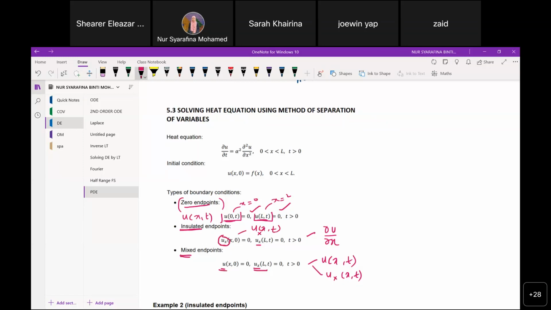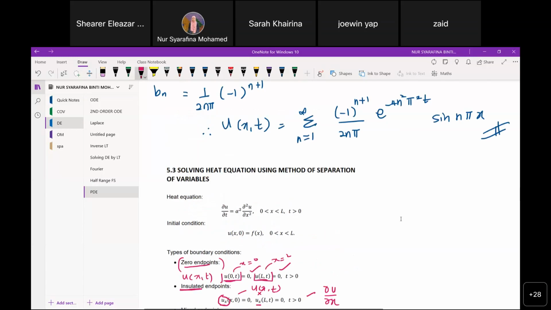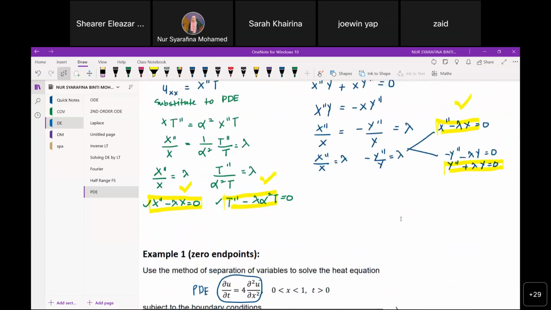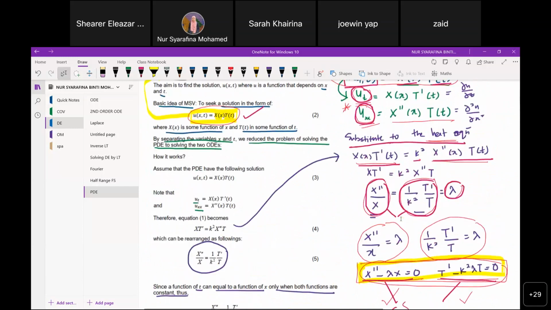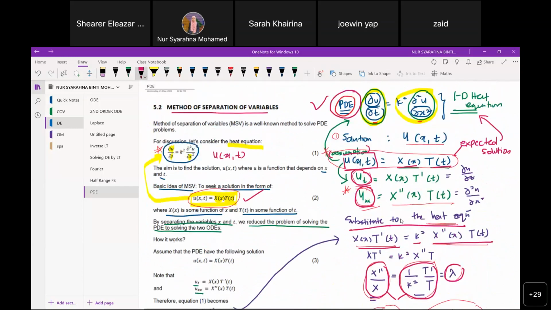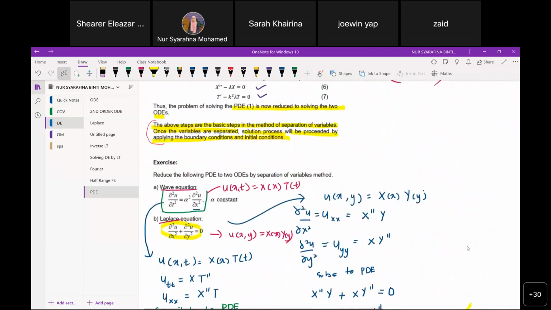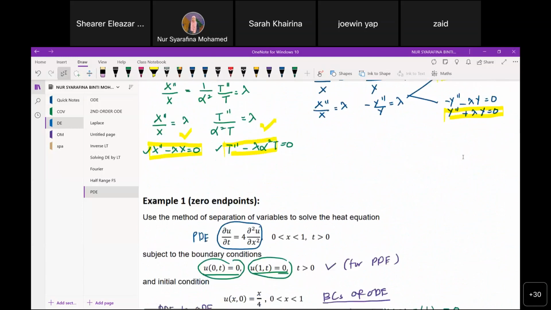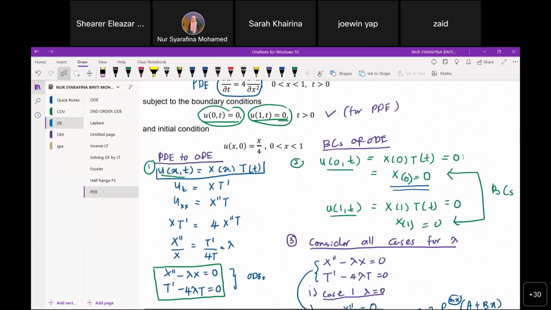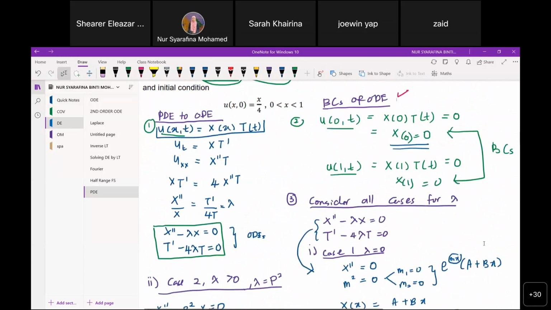The steps are all equal. We start with reducing the PDE to ODE. Once you obtain the ODE, we have to find the conditions for the ODE, and then we need to consider all cases of lambda, because the ODEs that we obtain involve a constant lambda.